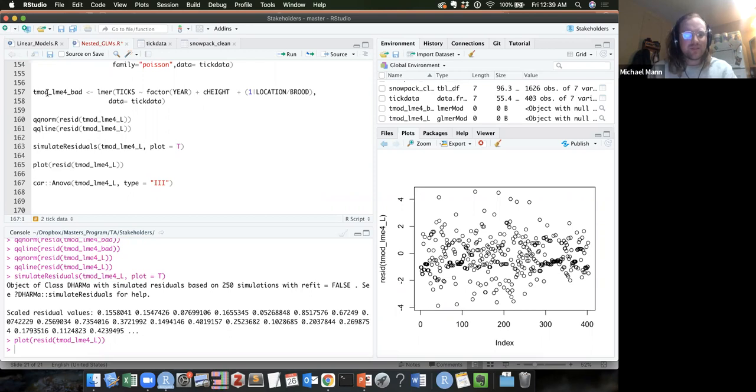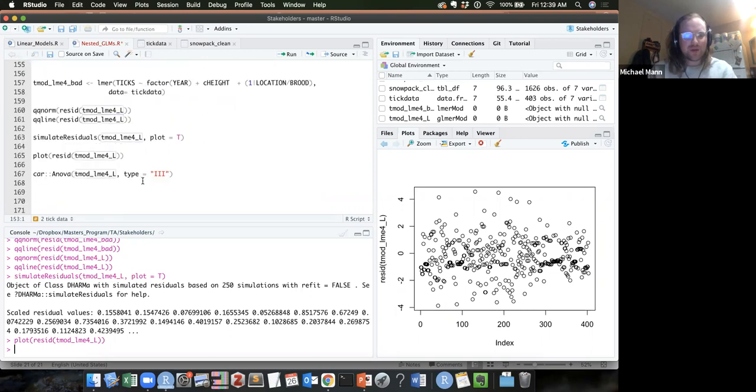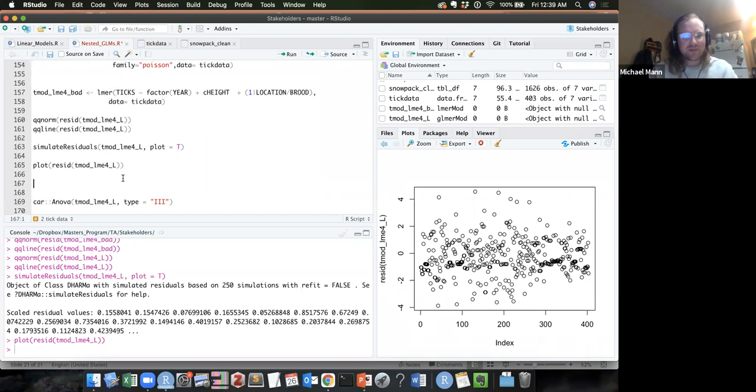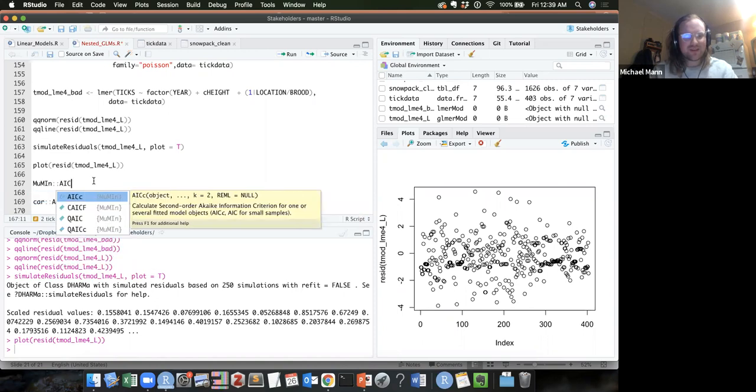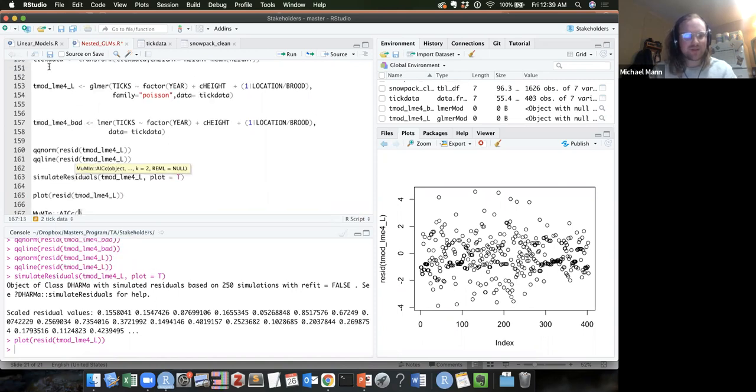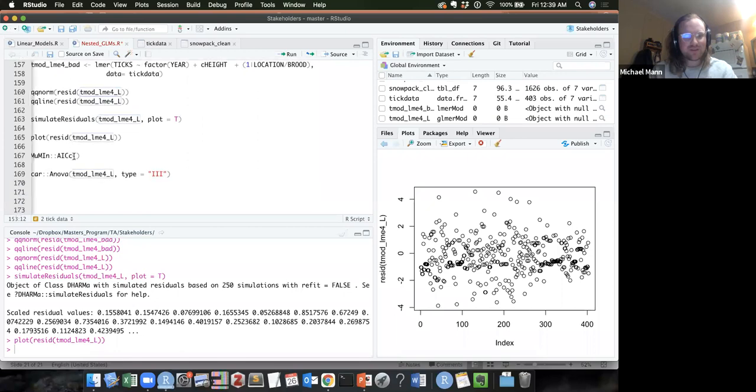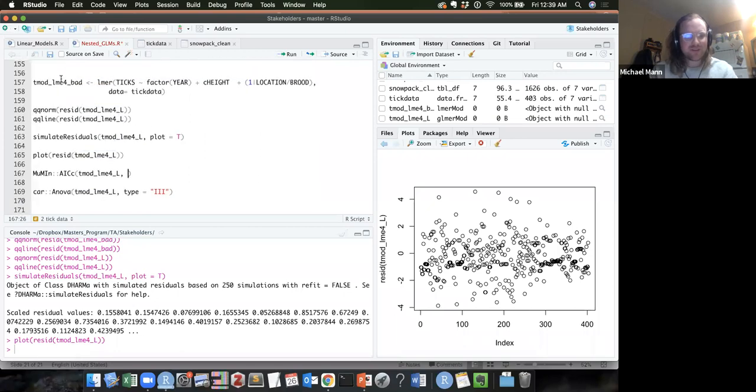So now we have a pretty good, well-fit model, and we can do the same stuff we said before. I wonder, this could be fun, let's compare the AICc of those two models to see if one is a better fit than the other.